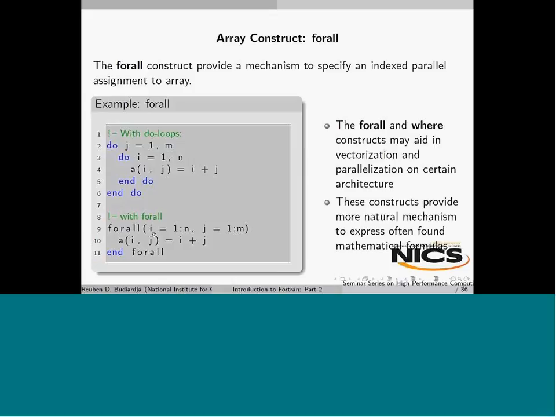So the nice thing about forall is that, as we can guess, you can replace the where with this do loop and an if statement inside of the do loop.